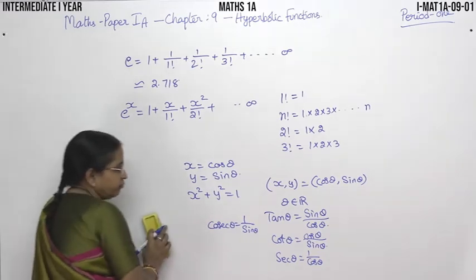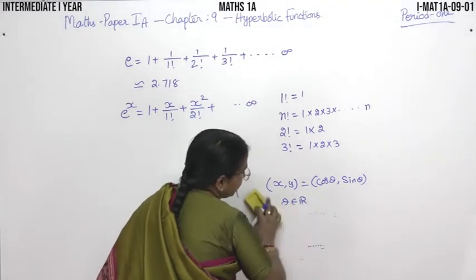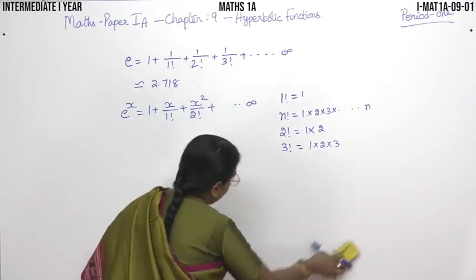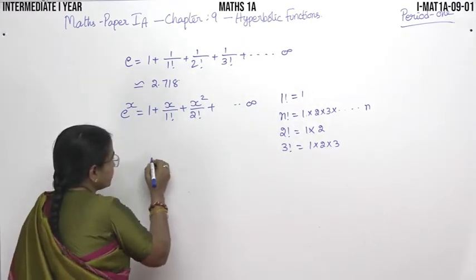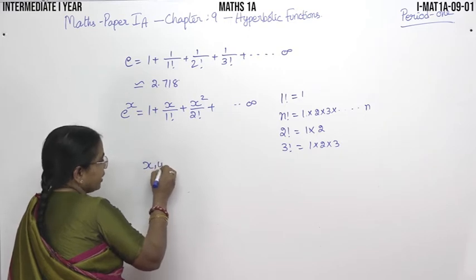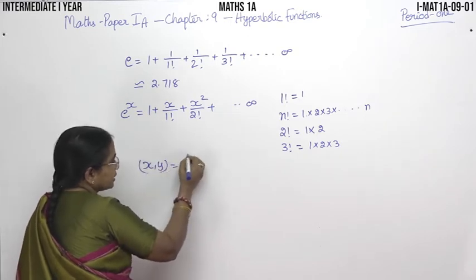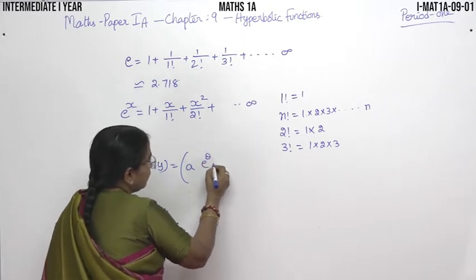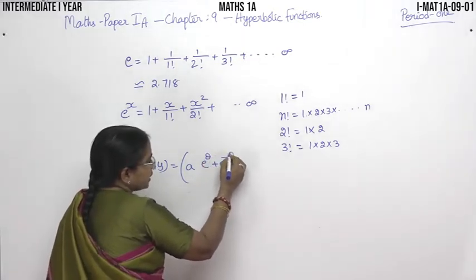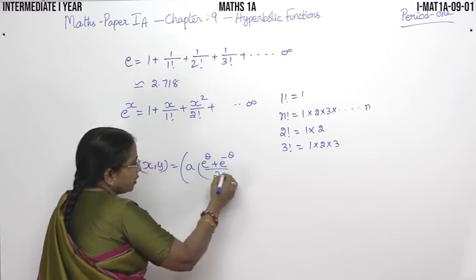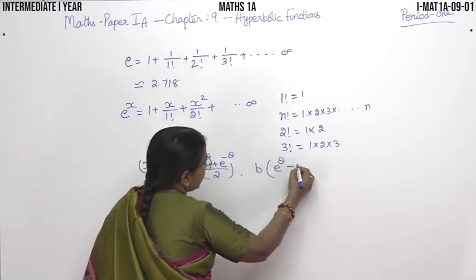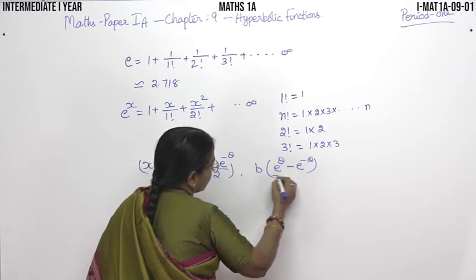Now in the same way, suppose that x comma y, I'll take any point as a into (e power theta plus e power minus theta) by 2, comma b into (e power theta minus e power minus theta) by 2.